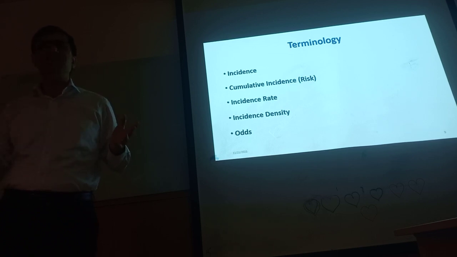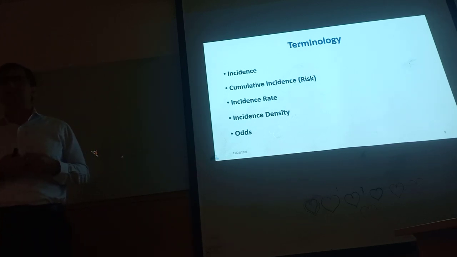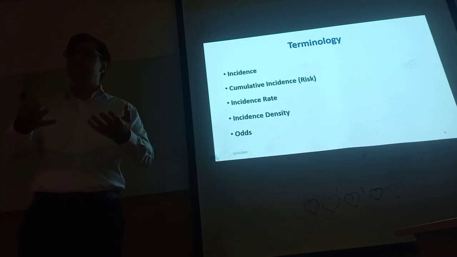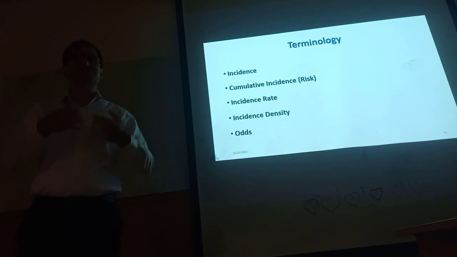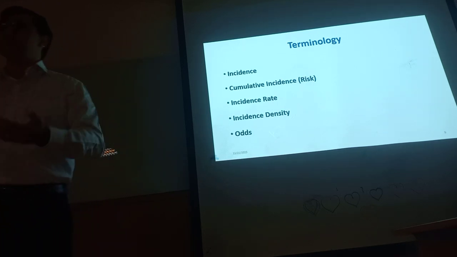This is the case for exposure. This is the case for outcome, for the disease. The probability of having been exposed to the probability of not having been exposed is odds of exposure. The probability of getting disease to the probability of not getting sick is odds of disease.